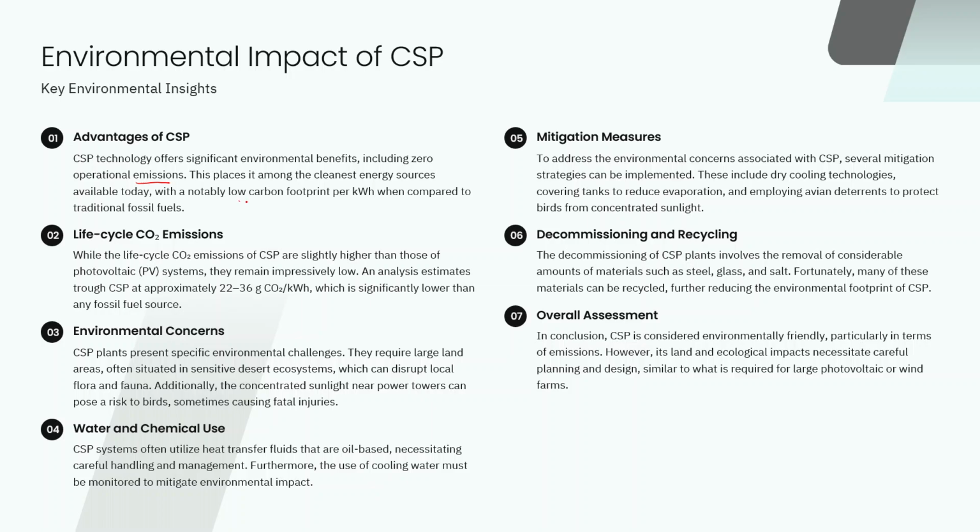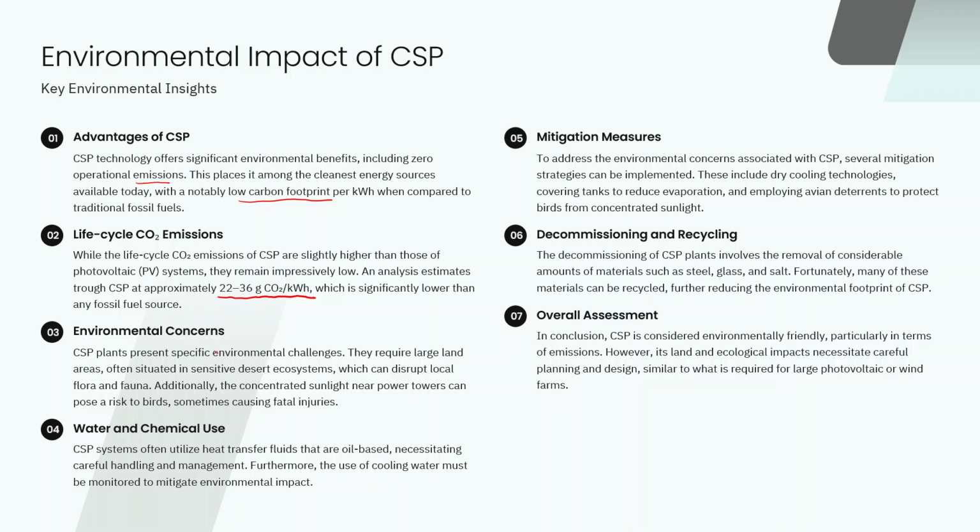And a very low carbon footprint per kilowatt hour when compared to traditional fossil fuels, like solar PV systems. The analysis has shown that the concentrated solar power system emits approximately 22 to 36 grams of CO2 per kilowatt hour, which is significantly lower than fossil fuel. You have seen the numbers earlier, right?